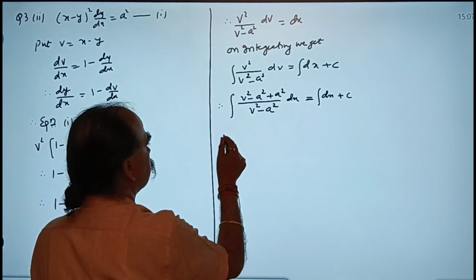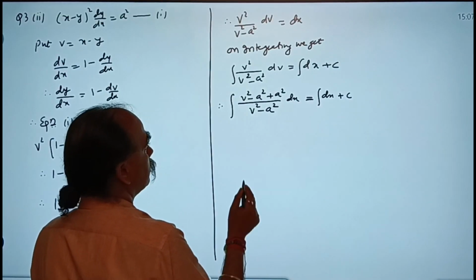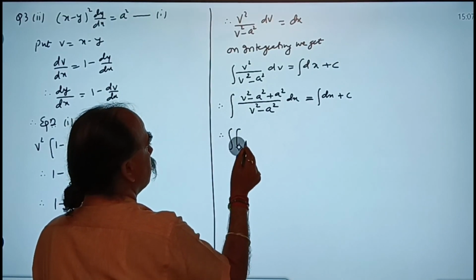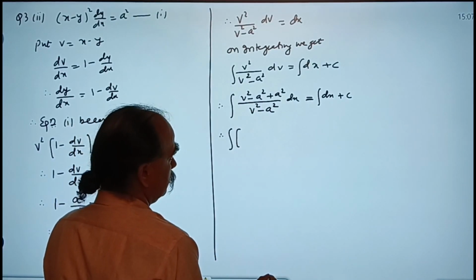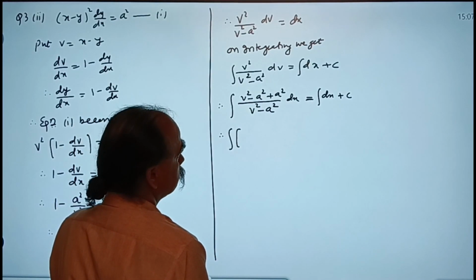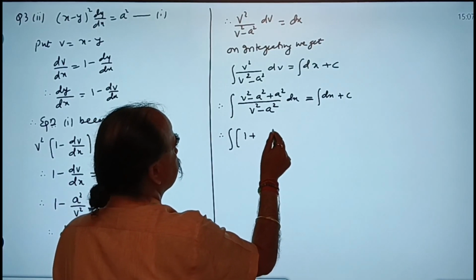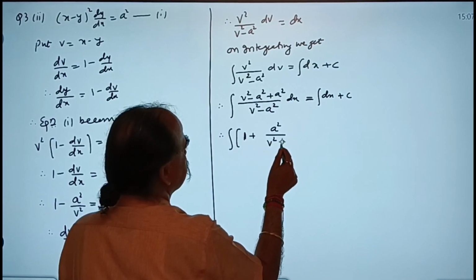Therefore, v square minus a square upon v square minus a square, plus a square upon v square minus a square.